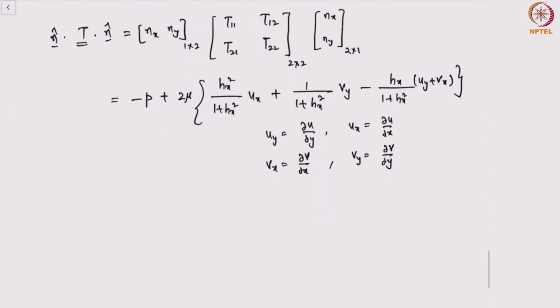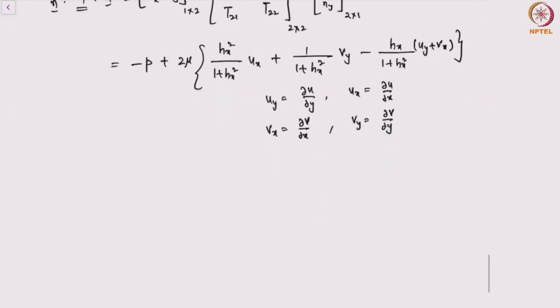I've already said hx is del h by del x. Okay, so from the continuity equation we have ux plus vy is 0, and therefore I have vy is minus ux.